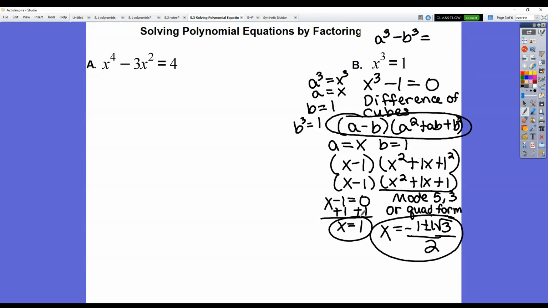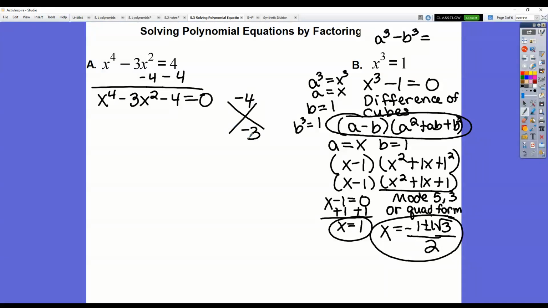Let's look at another, we'll get to another cube one. Those take a while to get your head wrapped around. Let's look at this one. Subtract 4. Remember, right side has to equal 0, and then we factor. Multiplies to -4, adds to -3.